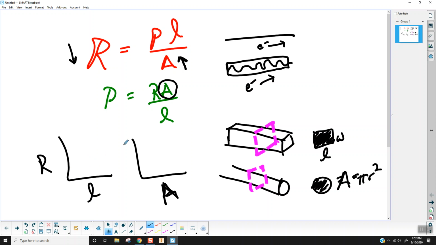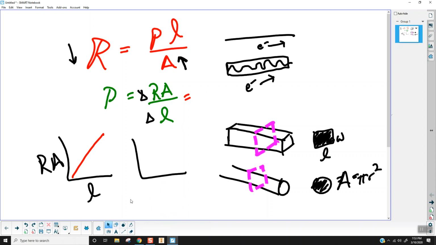Well, if we're trying to graph to find resistivity, what I want is my change in Y over my change in X. So we're going to do resistivity times cross-sectional area over length. And this will give me resistivity. However, this is not on the bottom. So how can I rewrite this so that my graph is on the bottom? So I'm going to erase this real quick.